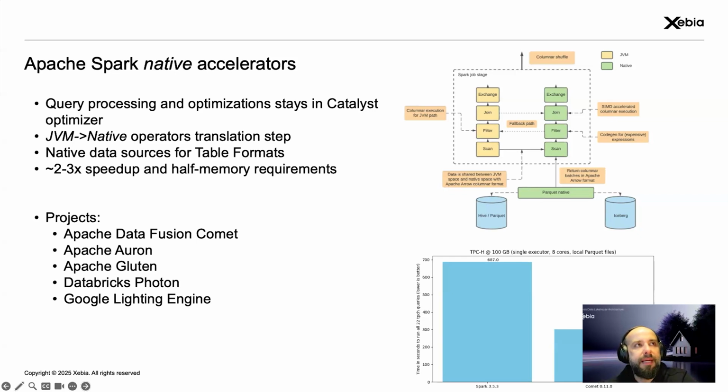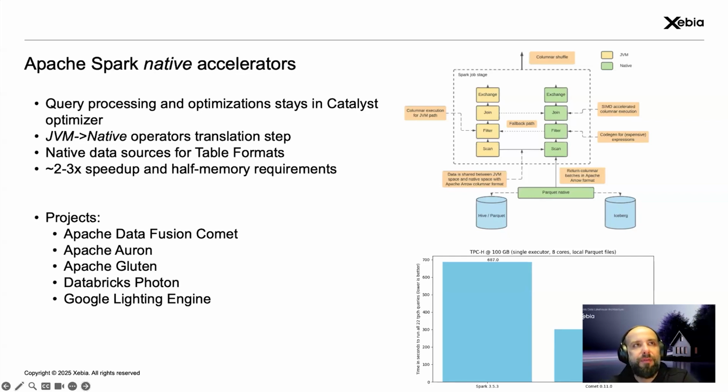So the query processing and optimization stays in the Catalyst Optimizer, the one that is available in Spark. All the integration stuff still remains as in vanilla Spark. But we have some extensions to Catalyst that do the JVM to native operator translations. As you can see on the diagram on the right-hand side, we have marked the JVM in yellow. So we have a representation of a Spark job after the optimization done by Catalyst.